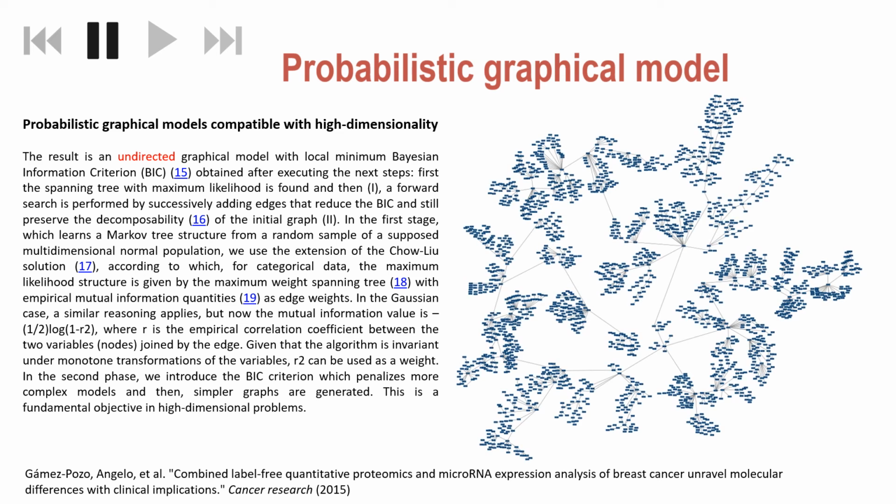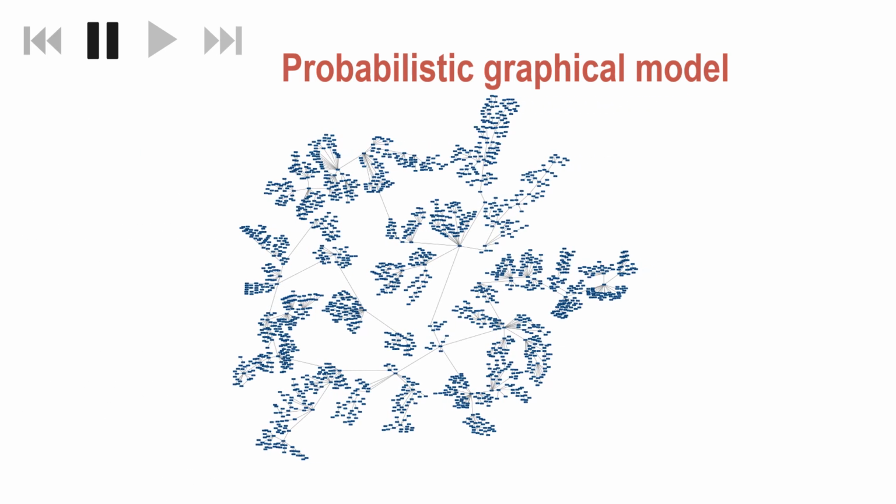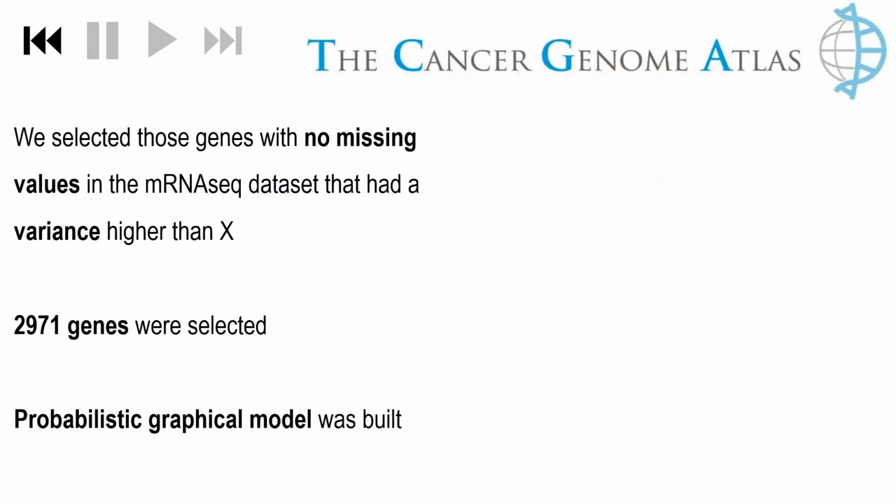Technicalities aside, PGM results are this type of graph, something like a network where each box represents one node, that could be a gene, a protein, or a microRNA, and each line, or edge, joins two nodes with related expression in the dataset. Now that you know a little of PGMs, we can continue.